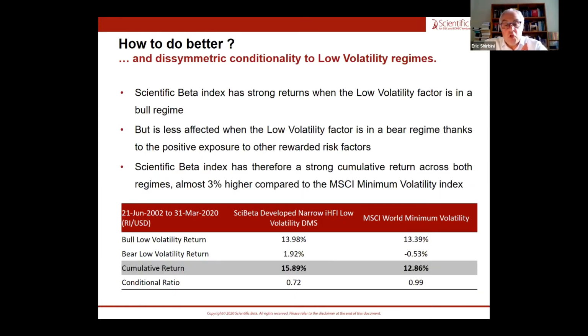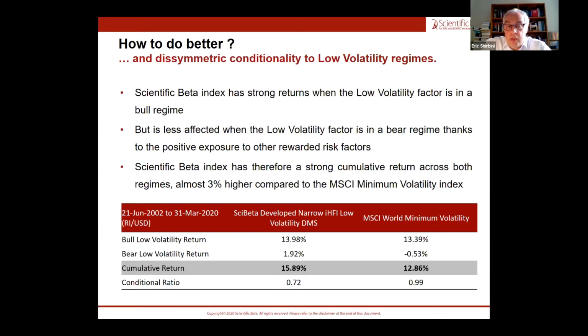However, over the short term, it will help us too, because what we show in this table is that when the low volatility factor is not doing well, which we call, in the second row of this table, a bear market for the low volatility factor, you can see that a factor like the MSCI factor will do poorly.